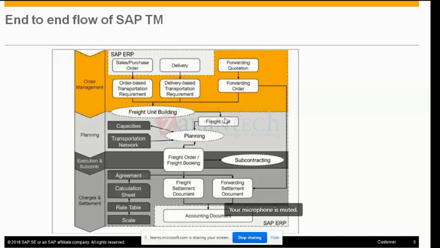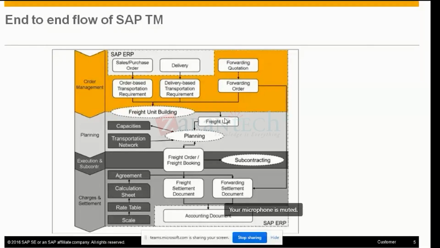Which is the route I need to consider for my most cost optimization process. Which is the preferred carrier I can use so that my freight unit reaches on time. In case costing is my main criteria, I should select the cheapest means of transport or resources available.